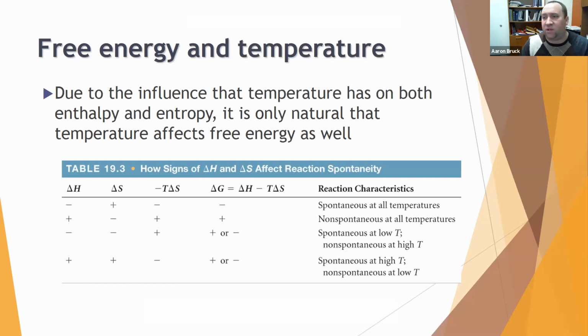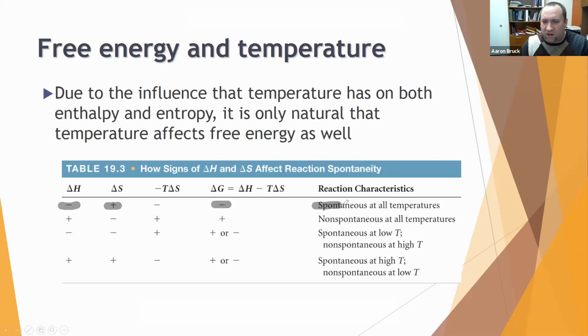Here's the chart that is really going to make a difference for the E6 laboratory. This is what tells us how to interpret our enthalpy and entropy results in terms of what they do to delta G. For example, if we have an enthalpy favored reaction where we are exothermic and the entropy is also favorable, delta G is negative.